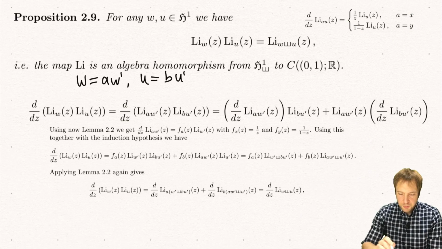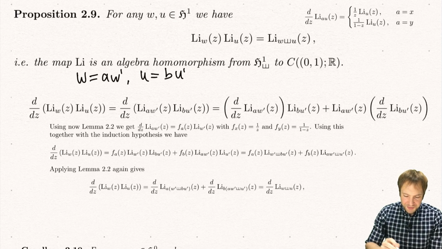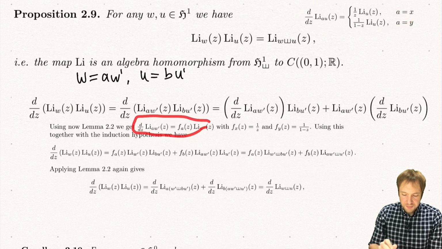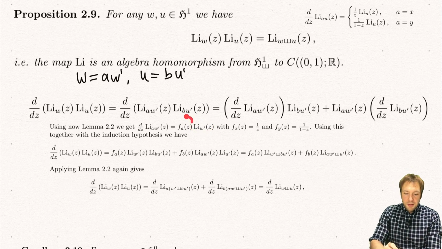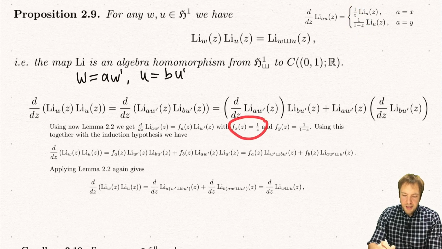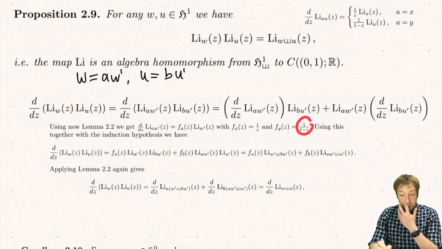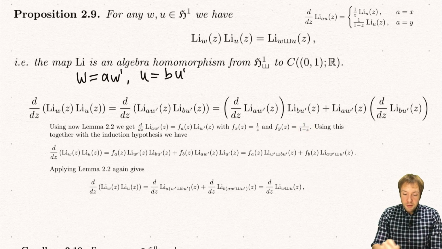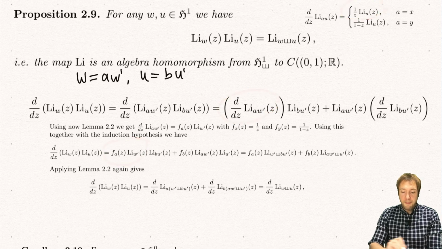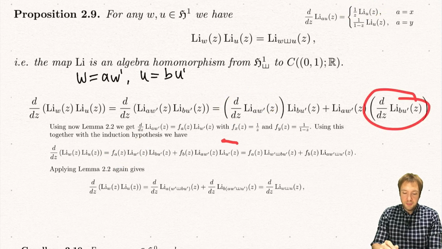Maybe that's a little bit small, but using this lemma, we can see that this part here can be written as Li of W prime times some f_a of z. By f_a of z, I just mean these two things here: f_x is 1 over z and f_y is 1 over 1 minus z. So we use the lemma here to get this part, and here we use the lemma again to get this part.